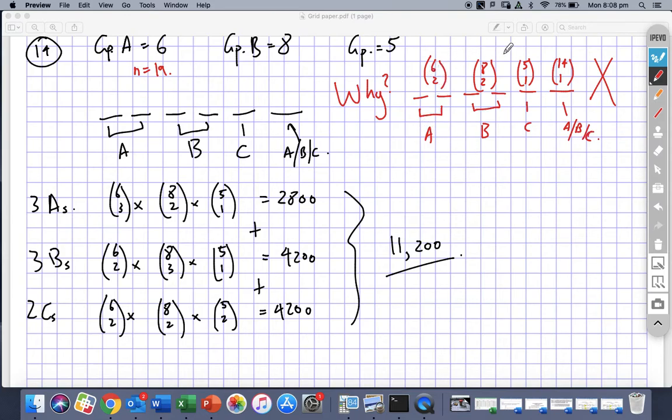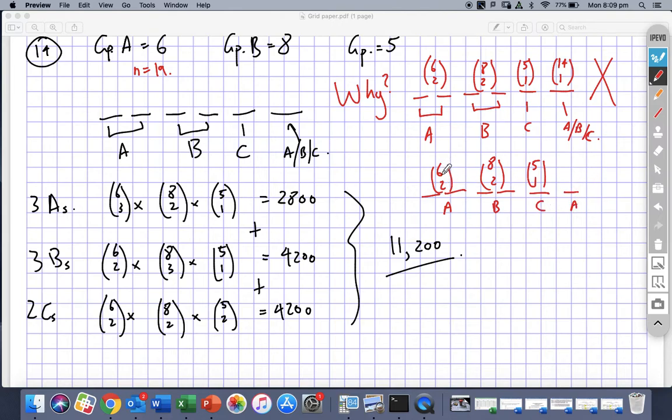If I chose A, let's say we chose A as our last subject, we'd be saying that we have a choice of 2 A's there, and we're going to put an A here at the end.